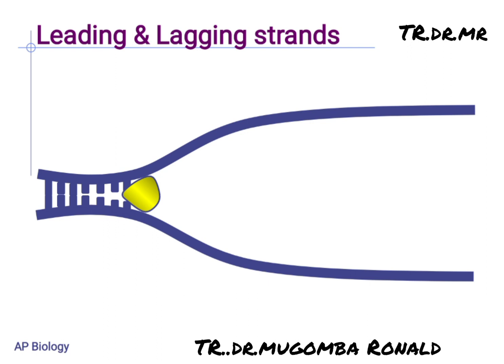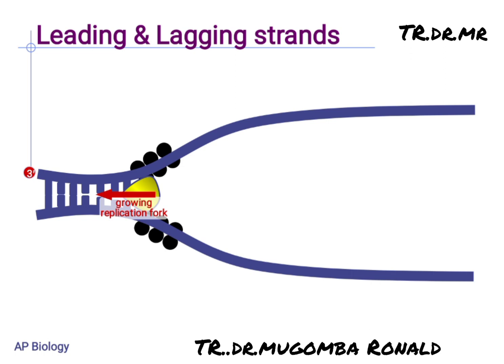So as helicase comes and opens them up, we start seeing the growing replication fork moving in that direction.